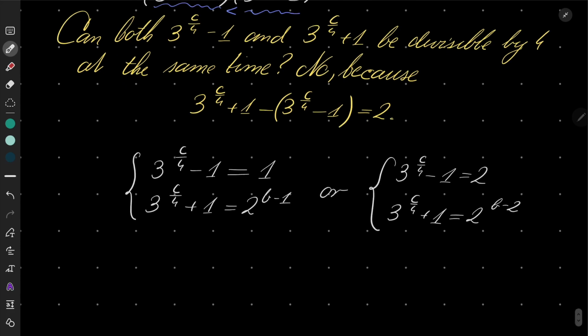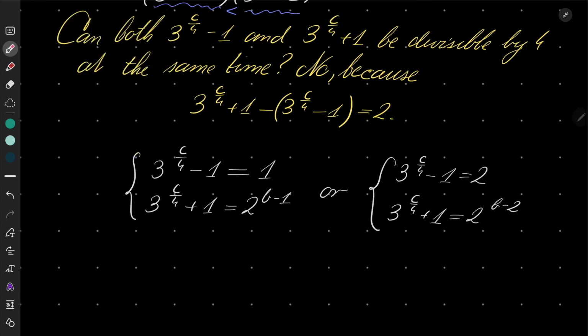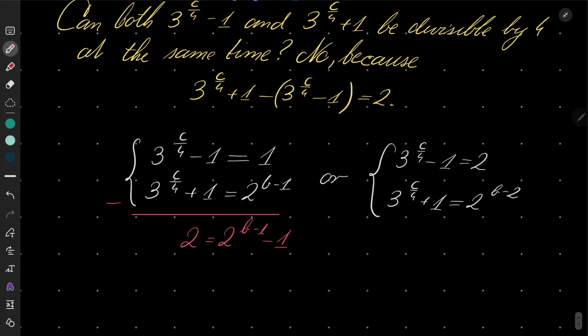Okay. Can the first option happen? No, it can't. Why not? Because after subtracting these 2 equations, we will get 2 equals 2 to the power b minus 1 minus 1. And remember that by assumption, we are in the third case, b is greater than or equal to 3, so this cannot happen.